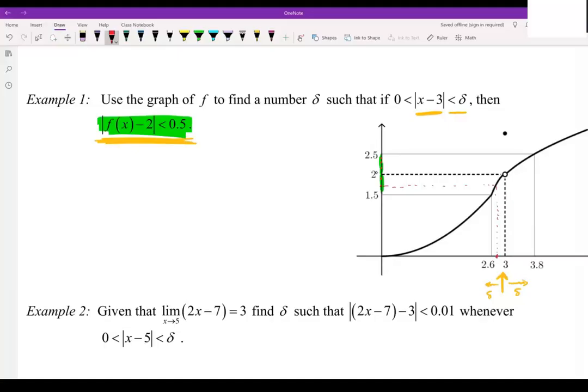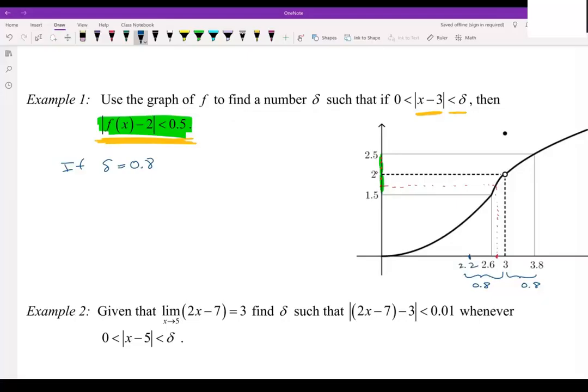So, in other words, if I were to pick delta being 0.8, here I've got a distance of 0.8. And here, if I subtract 0.8, it's going to take me over here to 2.2, right?